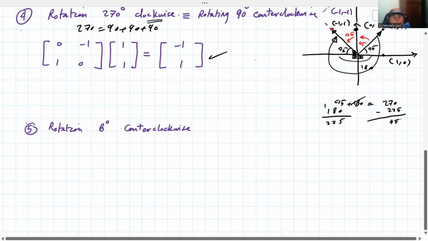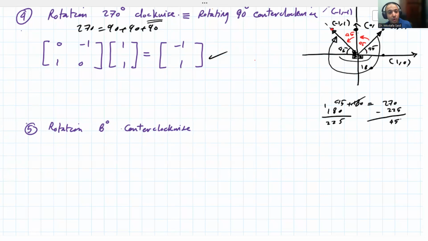So for any theta, what's going to happen? Again, I'm going to follow the same rule. We're going to start with 1, 0 and 0, 1, and see what happens if we rotate by theta, and derive the transformation matrix, or the rotation matrix, for a theta rotation.